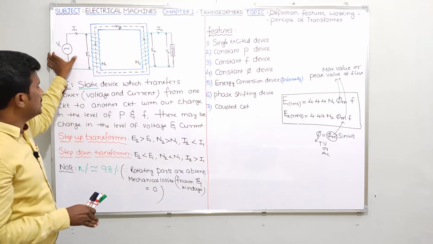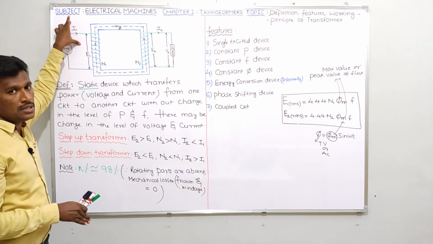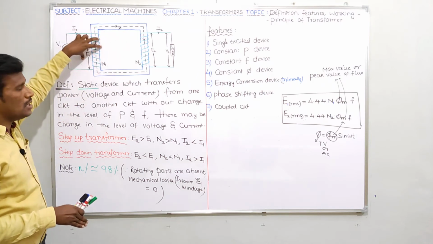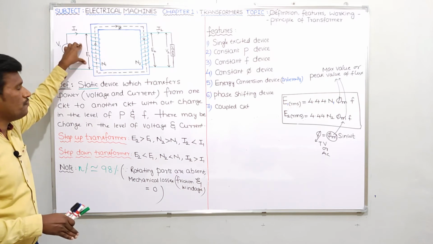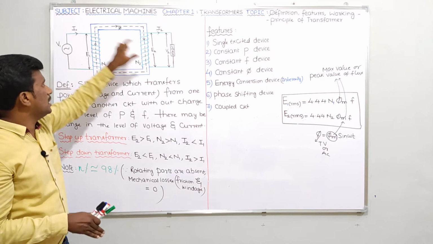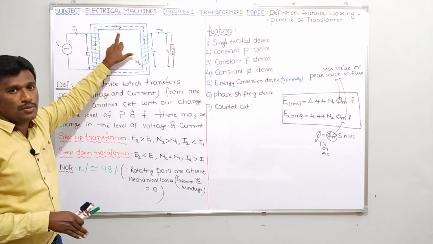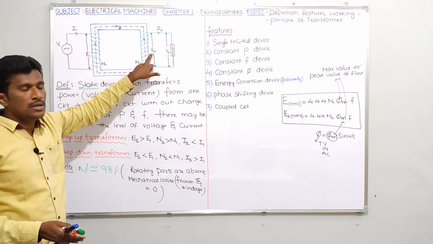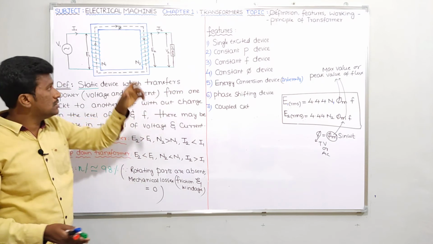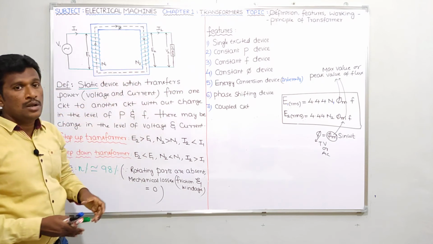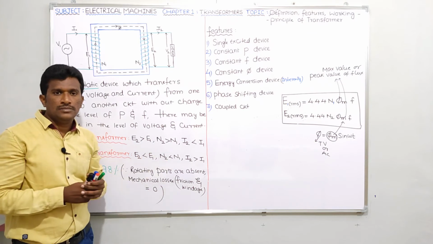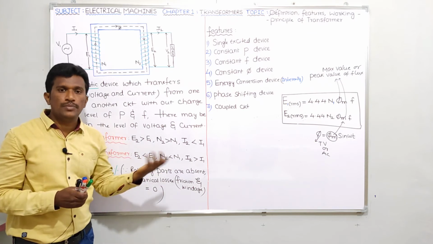Whenever voltage is connected, it will take some current, so flux is produced in the transformer core, it links with the primary winding, and EMF is induced. The same flux goes from primary winding to secondary winding through the transformer core by mutual induction, links with the secondary winding, and EMF is induced. That means these two windings are magnetically coupled but electrically isolated. That's why we can call transformer a coupled circuit.